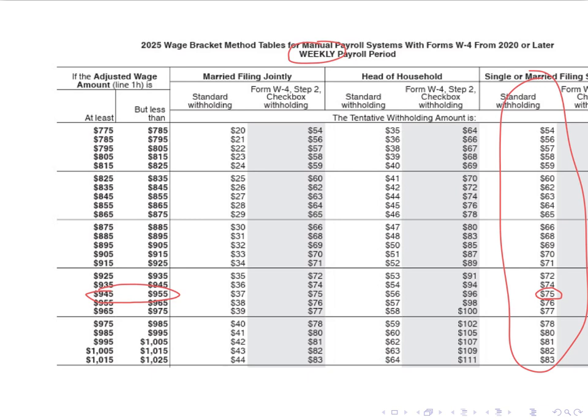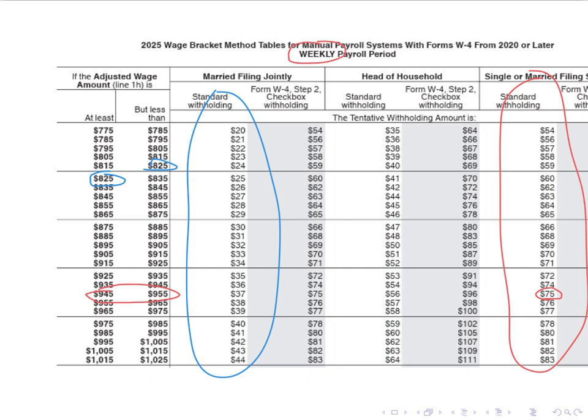So the other one from the table that was also weekly was married filing jointly. So we're going to be looking at this one, and then the wages were $825. So if we notice, we see two $825 on our table here, but only one of them actually fits the bill.